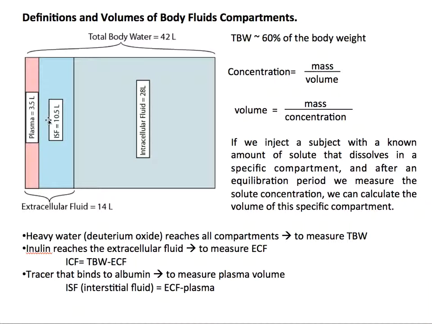So 40 plus 20, you get your 60 back. And of that 20%, 3/4 of it is going to be your ISF, interstitial fluid, and then 1/4 of it is going to be your plasma. So if you have 70 kilograms, you can do the math: 60, 40, 20, 1/4, 3/4.